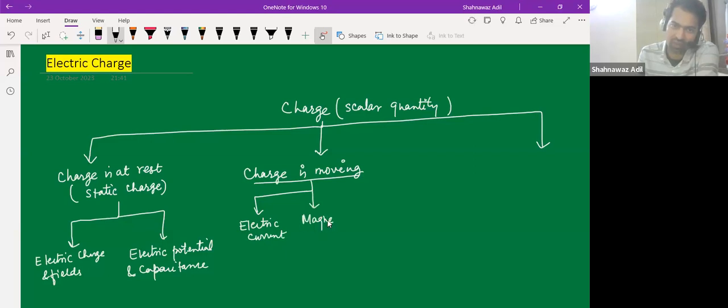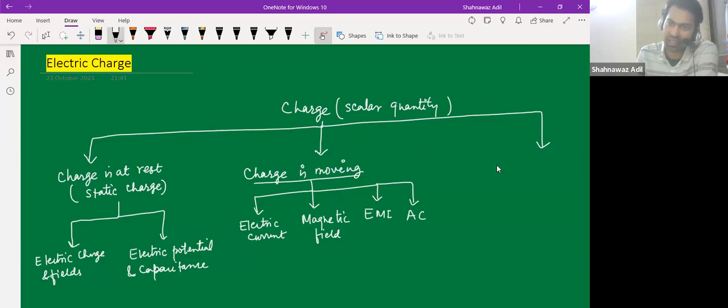That is the fourth chapter, and then it will have electromagnetic induction, EMI, and then you can have AC. So all these properties are for moving charge.